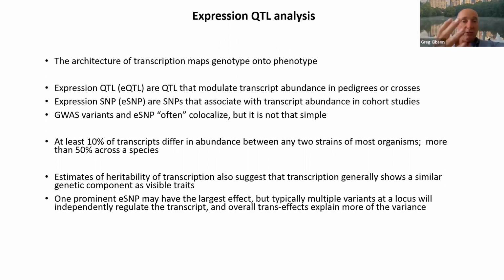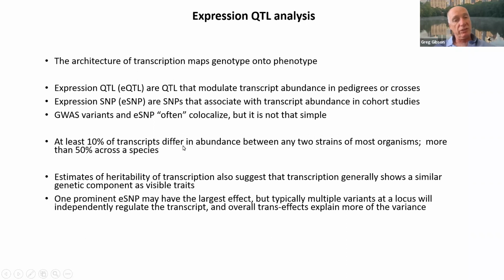If you look outside that particular phase, if you don't do accurate enough typing of subtypes of B cells, you won't have the power to identify that co-localization because you're just not looking at the right cell type at the right time. Okay, so we've got a lot of work before us to validate this paradigm that GWAS variants and e-SNPs are the same thing.